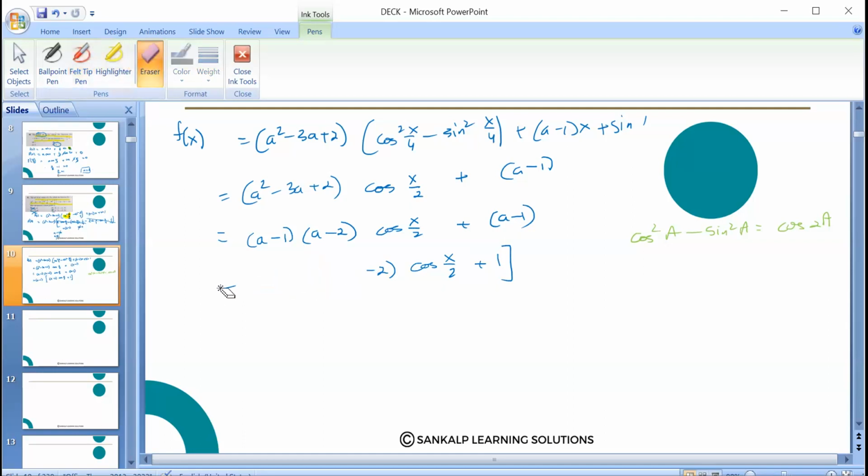But here we did not find the derivative. First we will find the derivative. f dash of x. A minus 1, a minus 2 is a constant. Cos derivative is minus sine x by 2. X by 2 derivative is 1 by 2.